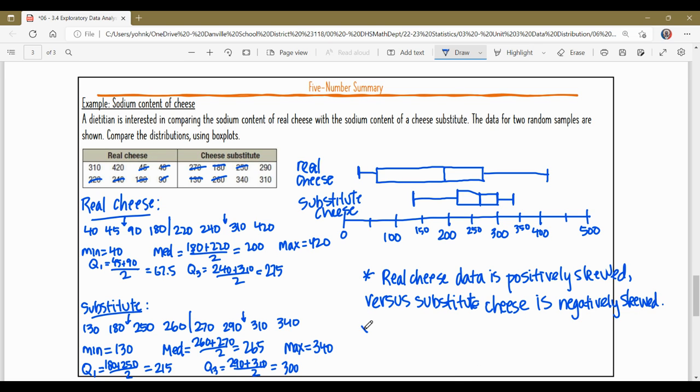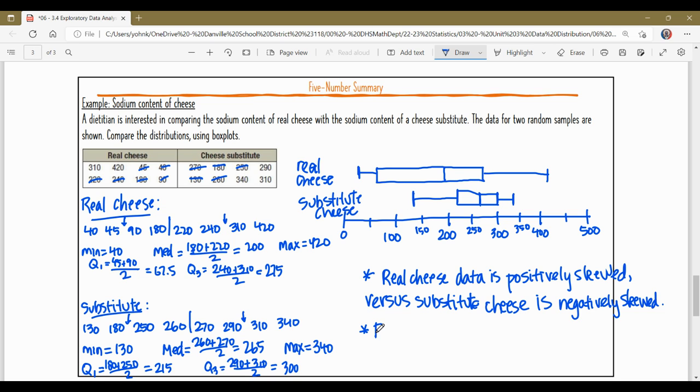Okay, let's see, what else can we say? Well, we can say that the real cheese has a wider range, which means the values are more spread out. We could also say that the substitute cheese values are more consistent. We could say they have less variation.